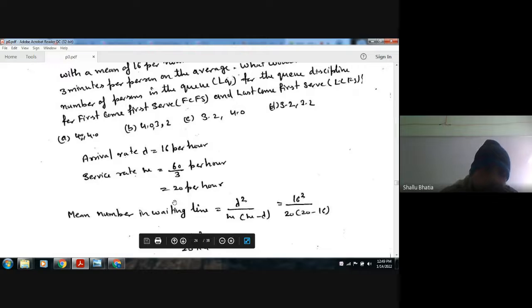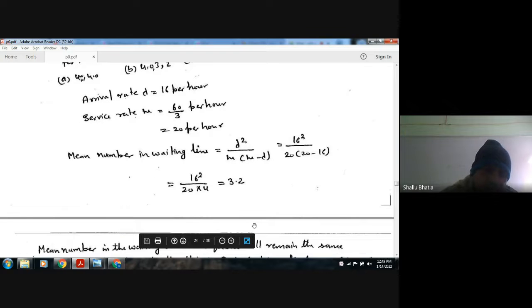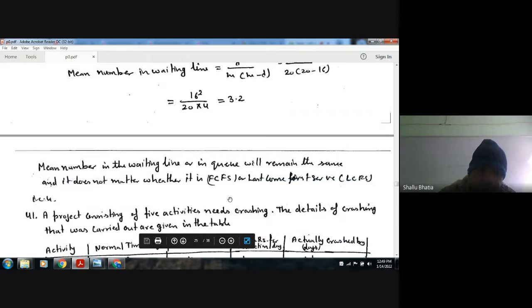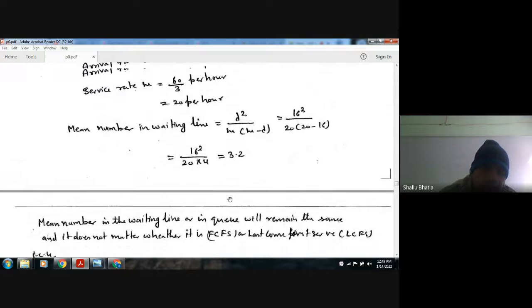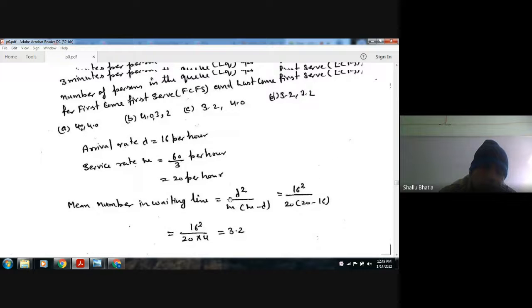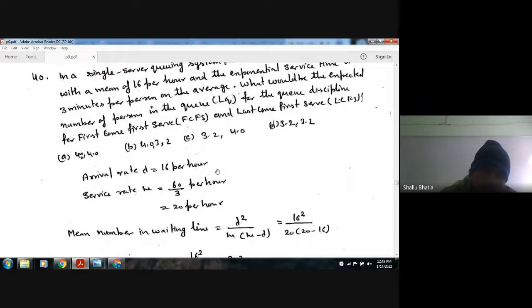So for the mean number in the waiting line, we know the formula: lambda squared over mu times (mu minus lambda). This is lambda and this is mu. Putting the values in, you have to remember these formulas of queuing theory. So the answer is 3.2. This is the mean number in the waiting line or queue. It does not depend upon first come first serve or last come first serve, so it is the same.